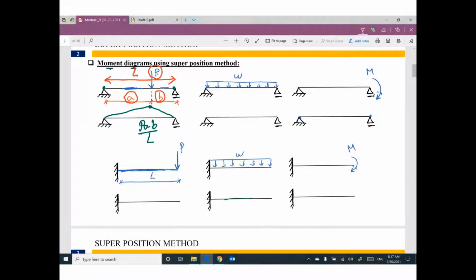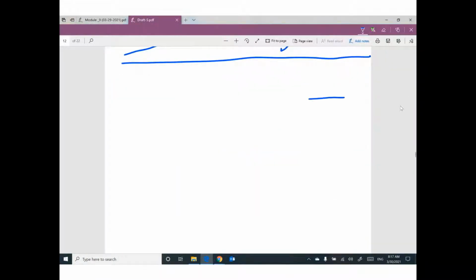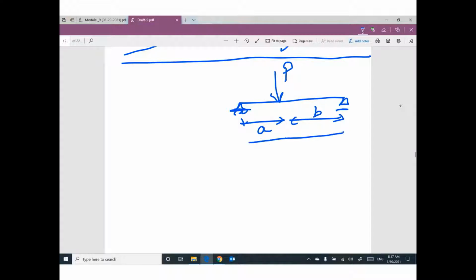One more time. If you have simply supported beam, means beam between hinge and roller, and you have concentrated load anywhere, and this distance A, this distance B, and the whole distance is L. The bending moment diagram, you can keep it in your mind forever.